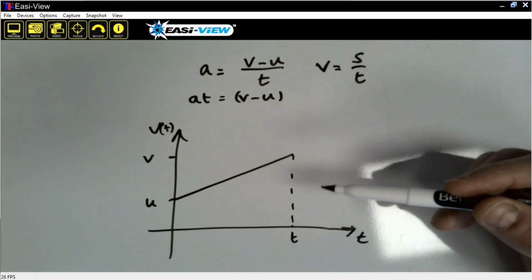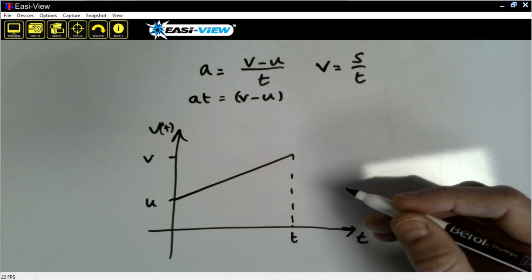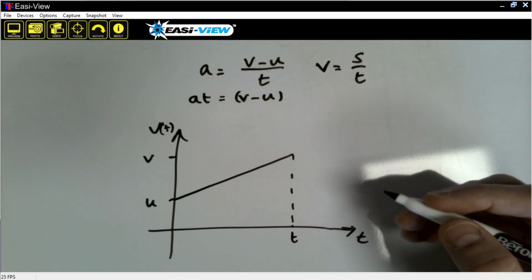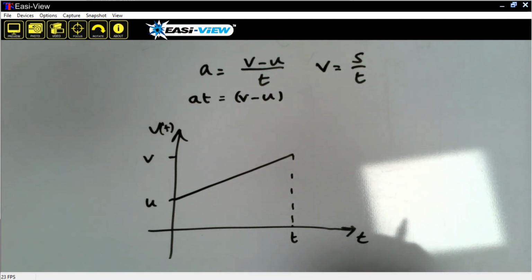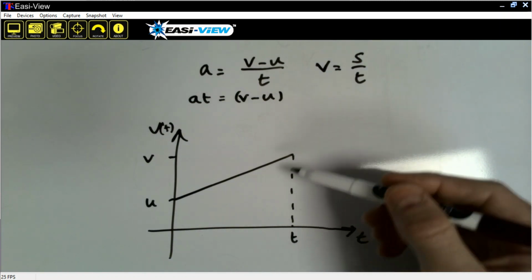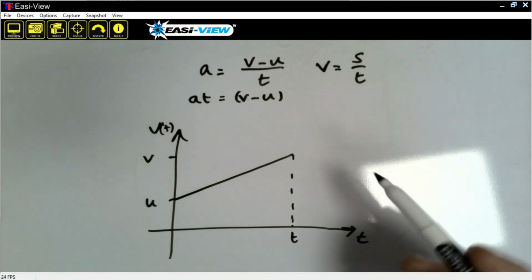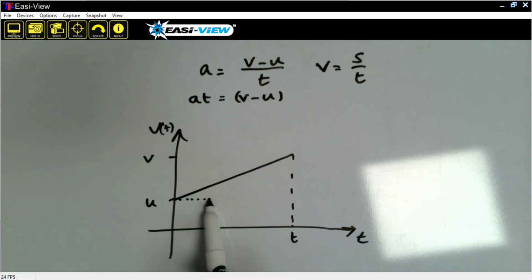Now, we're looking at a number of different ways of solving this. And previously, we've seen in the first video that the displacement is the average speed multiplied by the time. This one, what other methods have we got for finding this displacement?